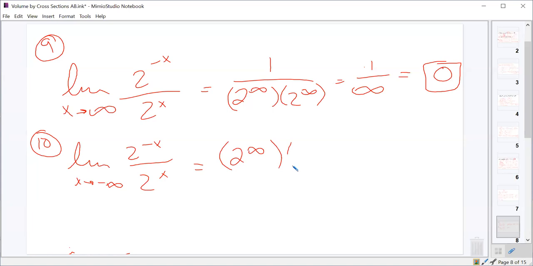We have 2 to the infinity times 2 to the infinity, which is a huge number, infinity. And I don't know if the multiple choice answer is infinity or doesn't exist, one or the other. I don't know what they wrote in that. Looks like they wrote infinity. Does that make sense? Yeah. Cool.